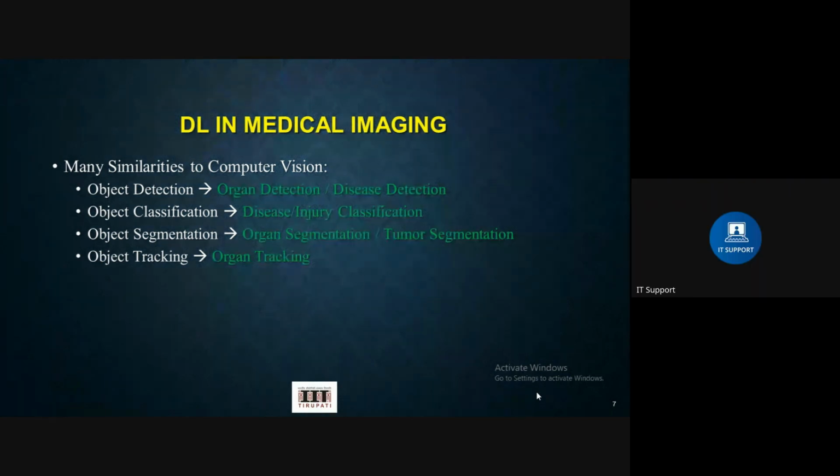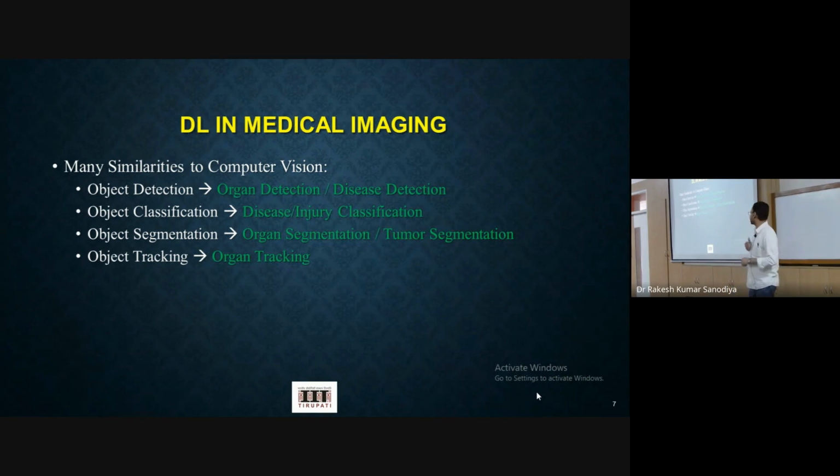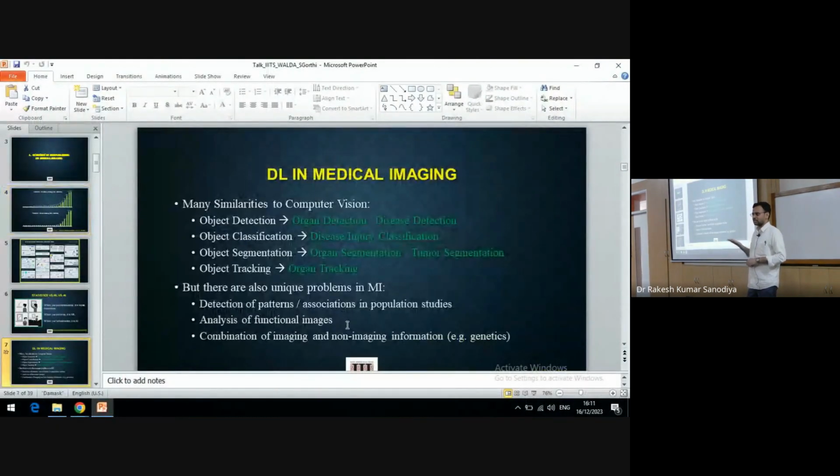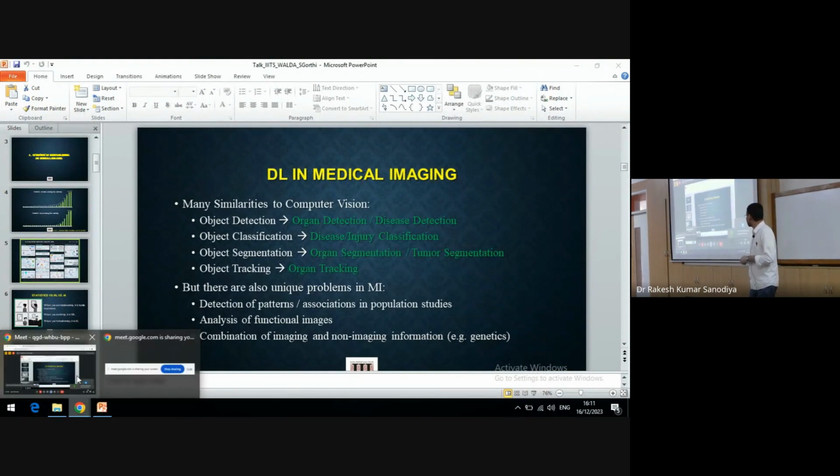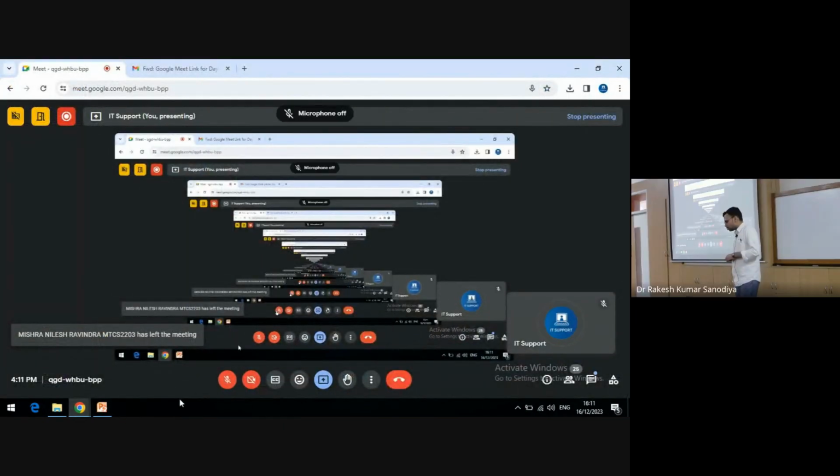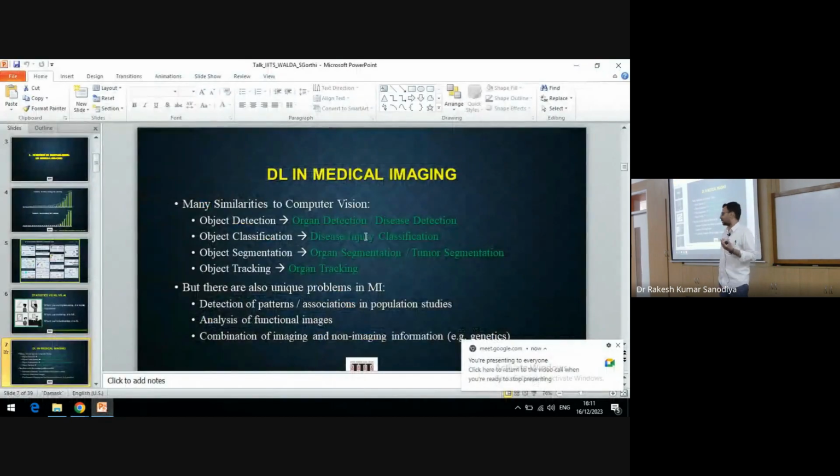For example, when you talk about object detection there, here again you talk about organ detection or lesion detection. That's the parallel that you see. Both problems at a deeper level are the same, or similar, if not the same. Then similarly, you might detect an object there. That's one thing. You are going to do a classification there in computer vision.